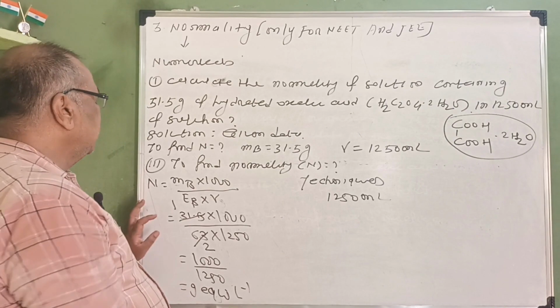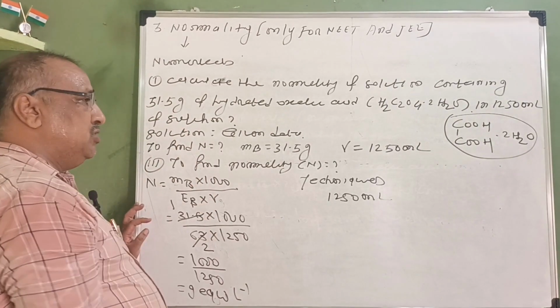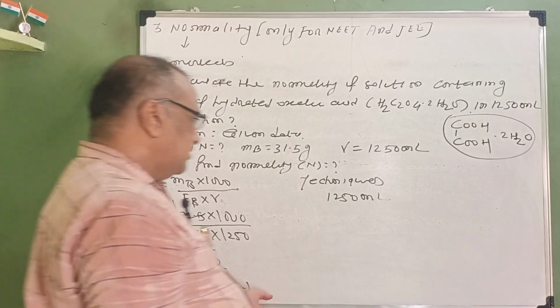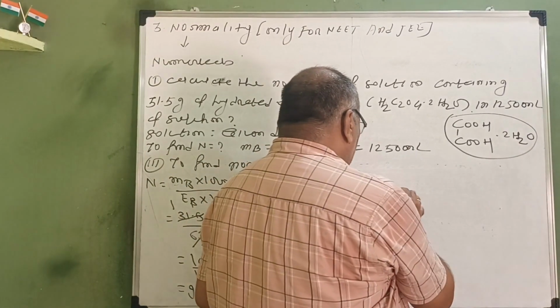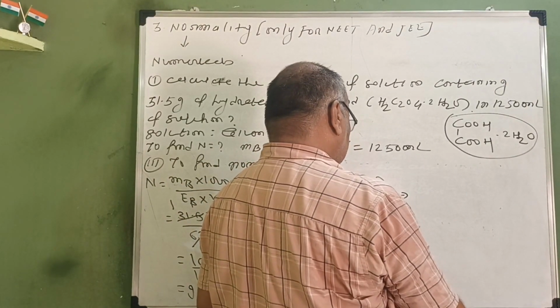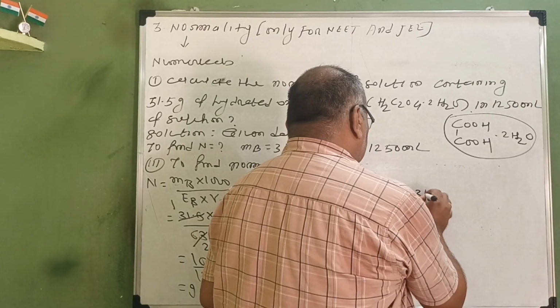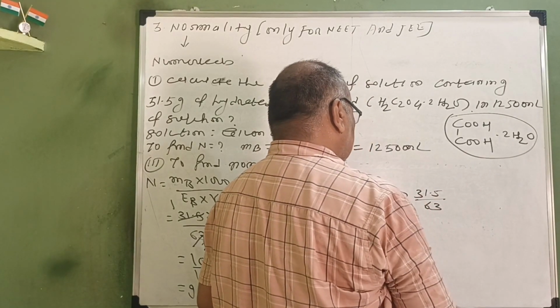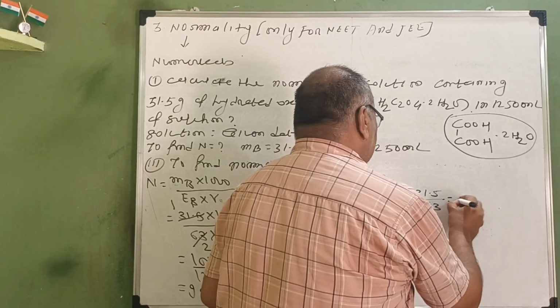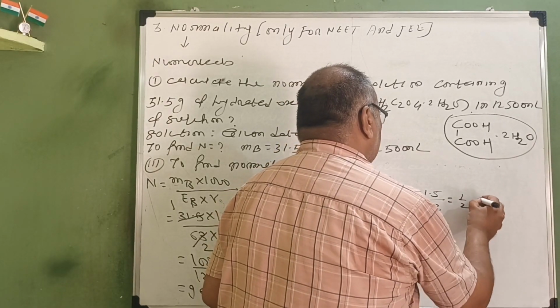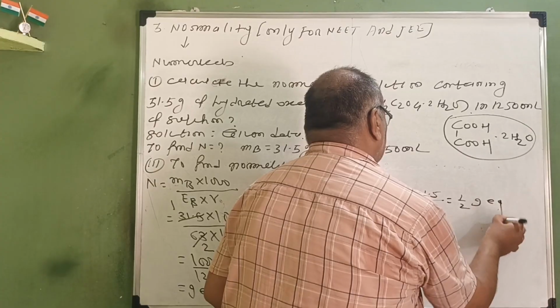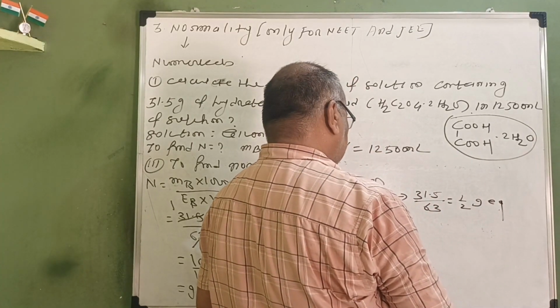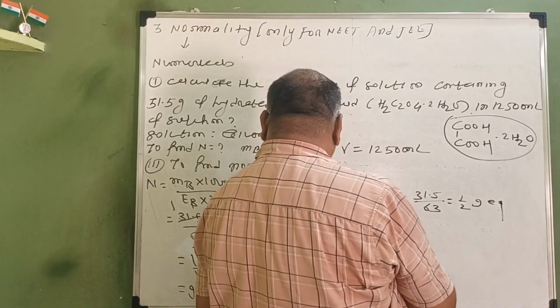That means convert this mass into equivalent mass, that is 1250 ml contain 31.5 upon 63, that means 1/2 gram equivalent.